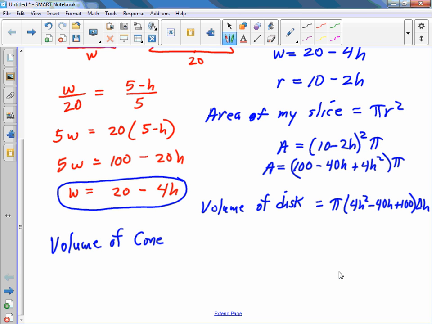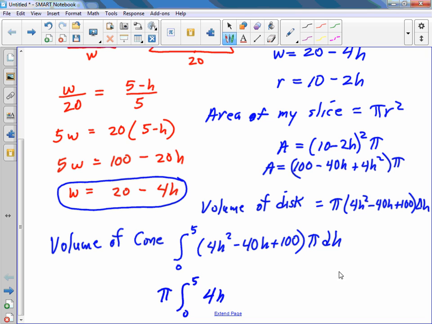So the volume of the cone is going to be the definite integral from 0 to 5 of 4h squared minus 40h plus 100, pi dh. I will in a minute, Johnny, you're jumping ahead. God, Alex, you're on fire. And Johnny is right. The pi is just a constant, so we can pull it out.